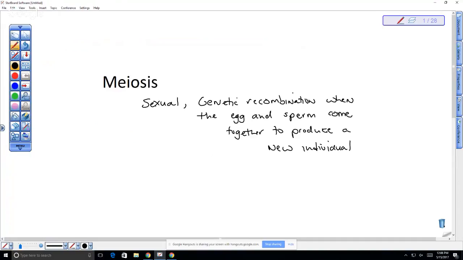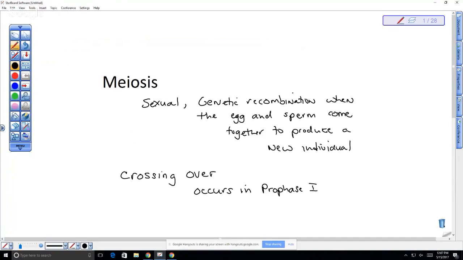And this process is what is referred to as crossing over. So crossing over occurs in prophase 1. So remember that meiosis has one cell division and then the second cell division. So this would be at the very beginning of meiosis in prophase 1.